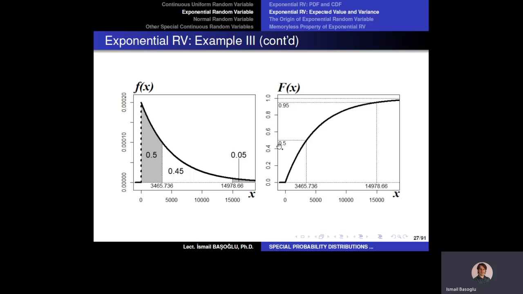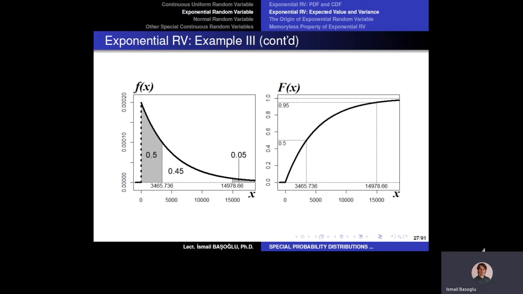So we have used the probability to compute this. And the CDF at 14,978 is 0.95. And in order to compute this quantity, again, we have used the inverse CDF. So at what value is the total area on the left-hand side 0.95 and the total area on the right-hand side 0.05? So we have used the inverse of the CDF.